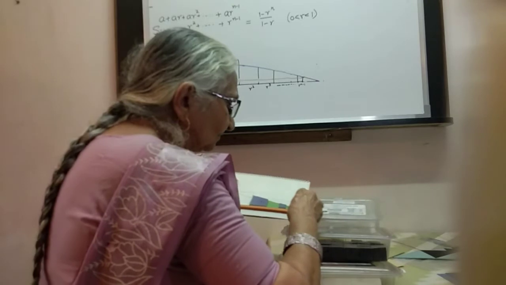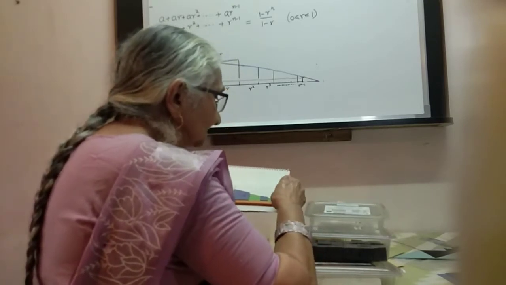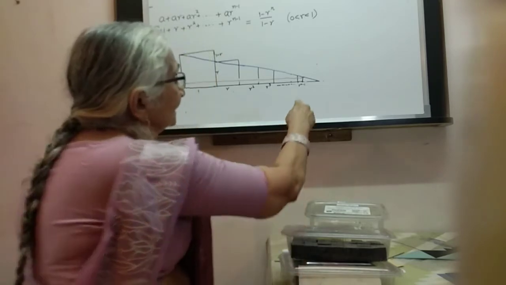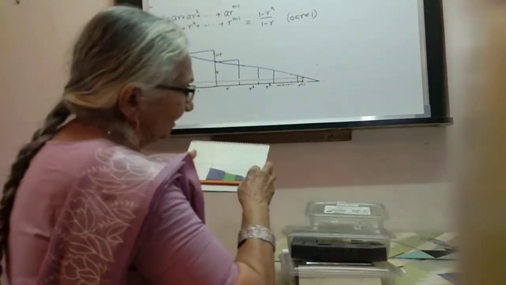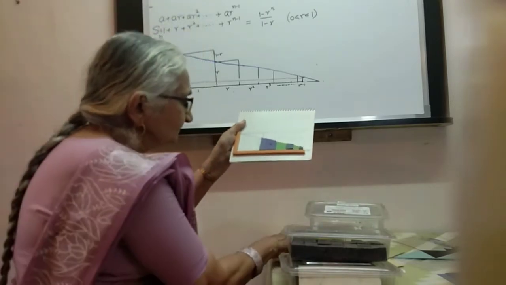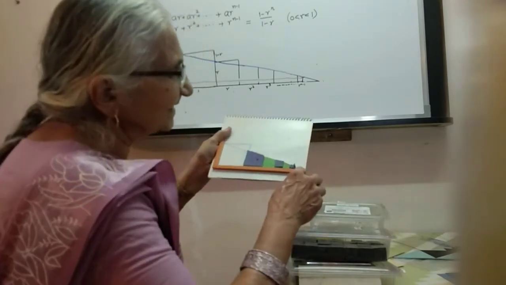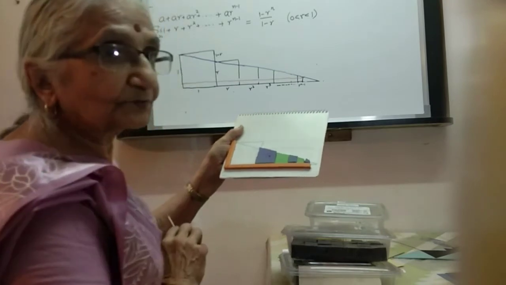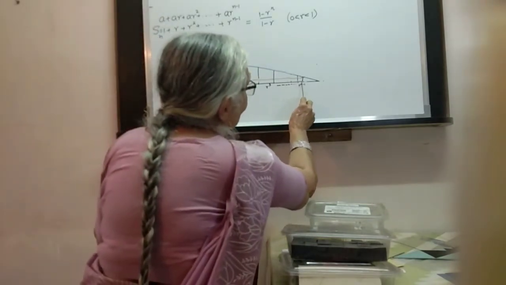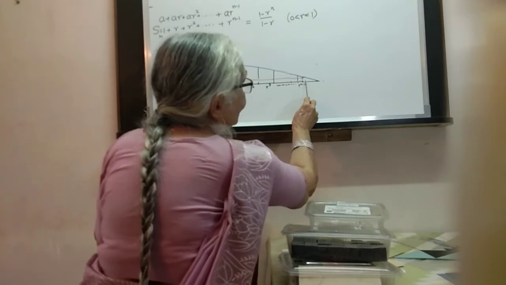But we would also be interested in the last one. This last height here, how much would that be? Well, this is the same as this. So this should be the same as the next one.